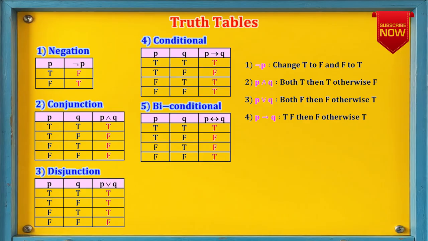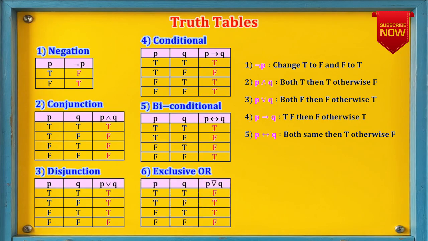Both are same means, see the first row, true, true, then the answer is true. See the last row, F, F, same, then the answer is true. Otherwise, false. So the biconditional, P if and only if Q, we can remember like this. If both are same, then the answer is true. Otherwise, false.